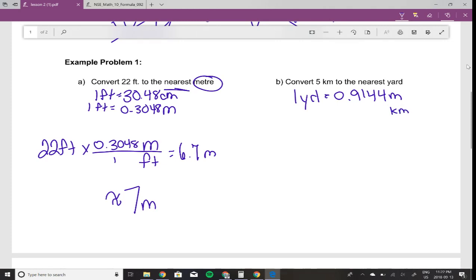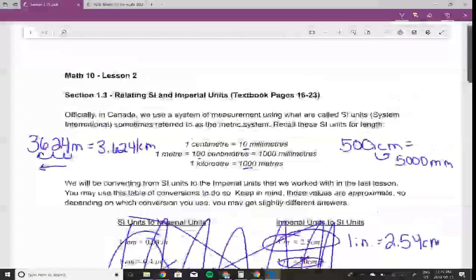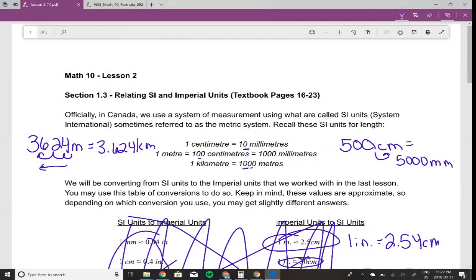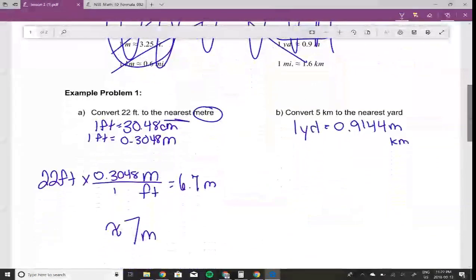So if I scroll up, if you don't remember, there are 1,000 meters in a kilometer. So that's 3 zeros. So that means I move my decimal 3 places. It's going to be to the left because I'm going from something small to big. So it's going to be 1, 2, 3. I'm going to have to add some zeros that aren't there, and it's 0.0009.